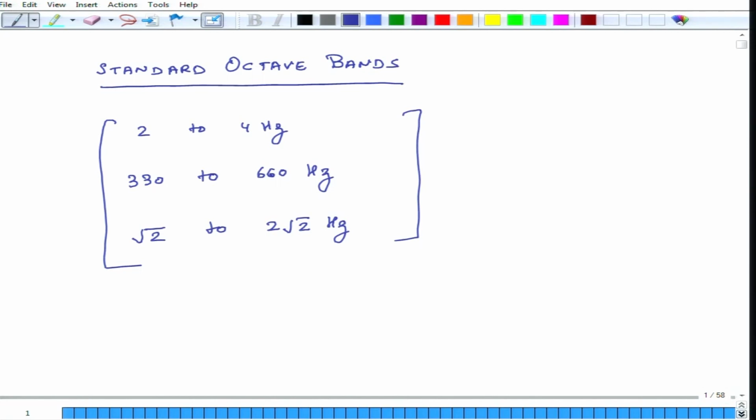But in engineering situations, whenever we report our results or share our data, we do not represent them in arbitrary octaves. Rather, we use some industry standard octaves. So what are those octaves?